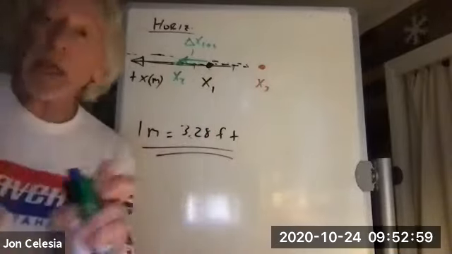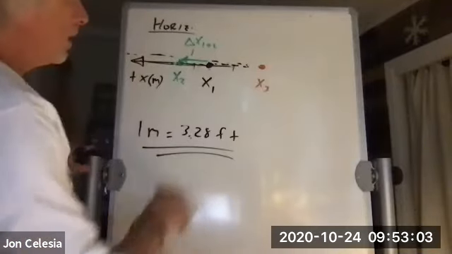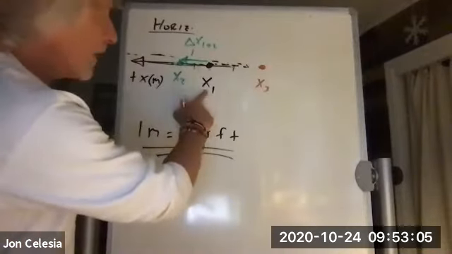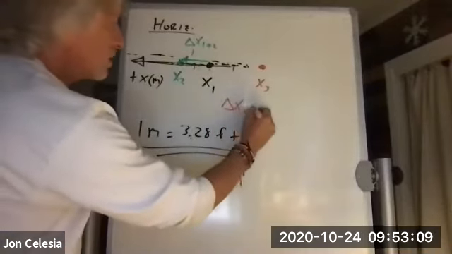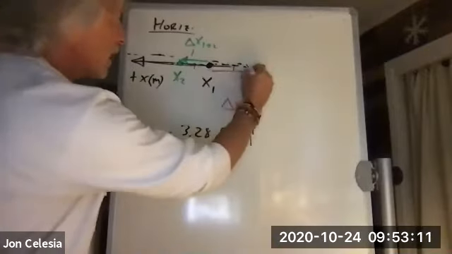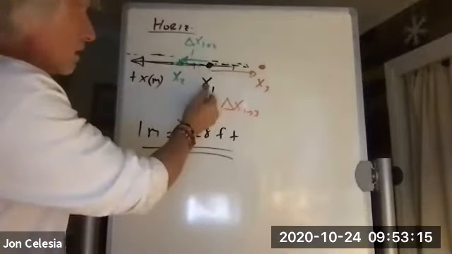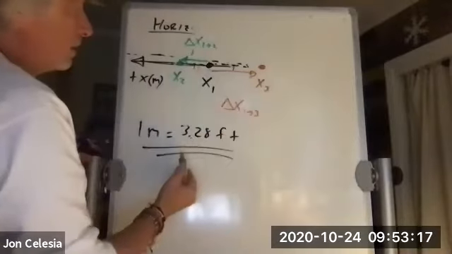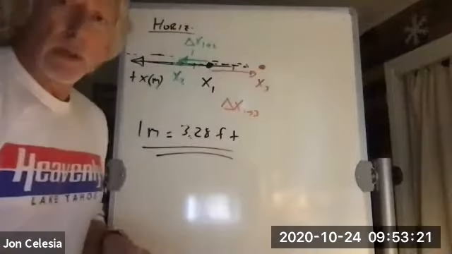But independent of where I chose my 0, right? My displacement, my delta x from 1 to 3 is from here to here. Whatever happened doesn't matter. You started here, you ended here. And you could have done anything to get there.